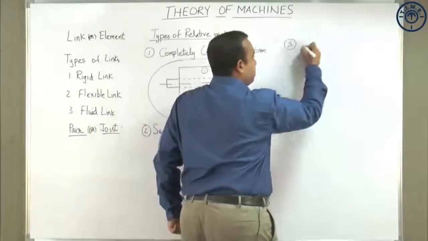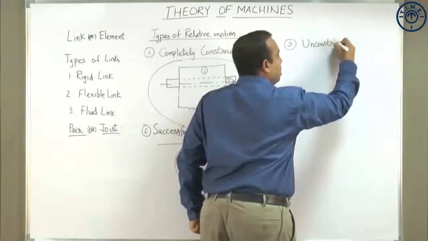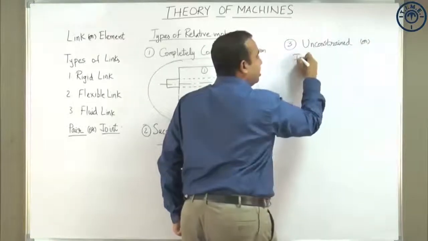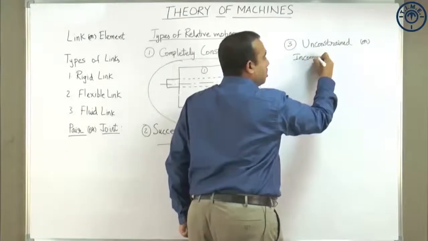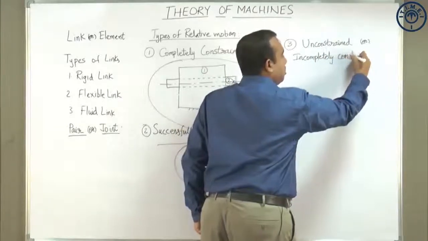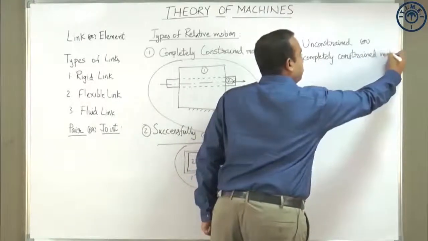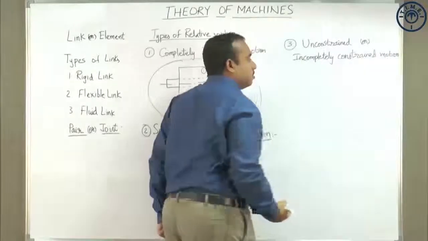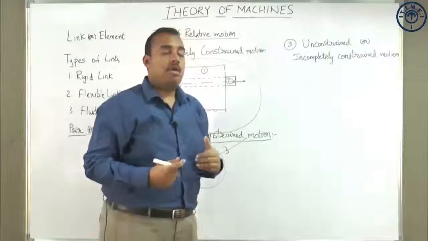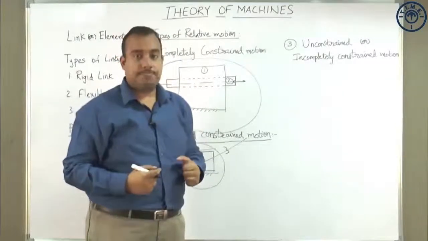And the last one is unconstrained or incompletely constrained motion. The name itself says unconstrained motion. We are not able to constrain the relative motion between the two links of a system.